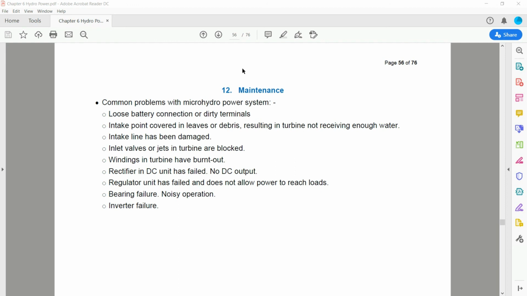Inlet valve or jet in turbine are blocked, or winding in turbine has burned out. The rectifier in the DC unit has failed, so no DC output. The regulator unit has failed and does not allow power to reach the load. Bearing failure, so noisy operation, and inverter failure.